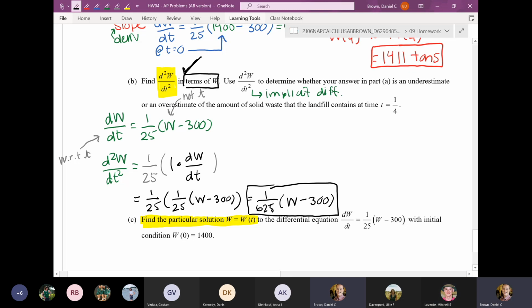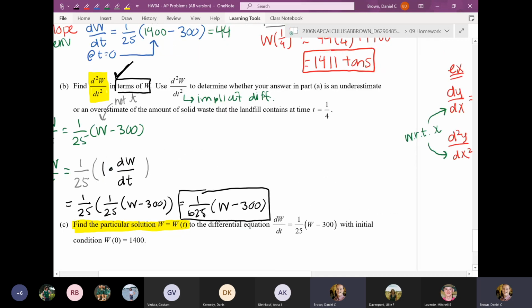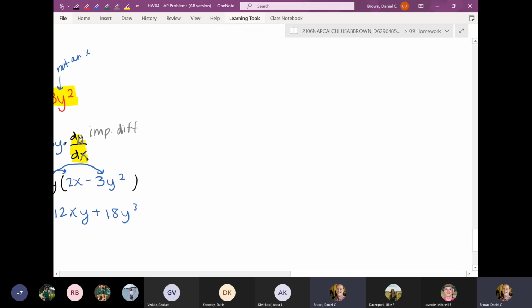So looking at the second part, again, let's remind ourselves how we do it. Use the second derivative to determine whether your answer is an underestimate or an overestimate. Again, kind of going off to the side to remind us of stuff we know. We found a tangent line. That tangent line is going to be an underestimate if your graph is concave up, because it's going to be bending away from it in an upwards motion.